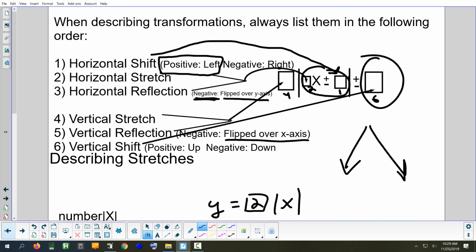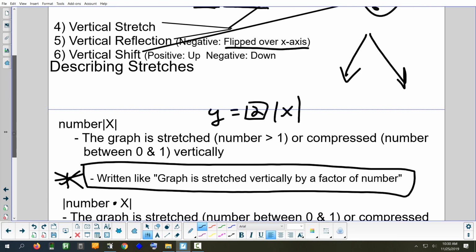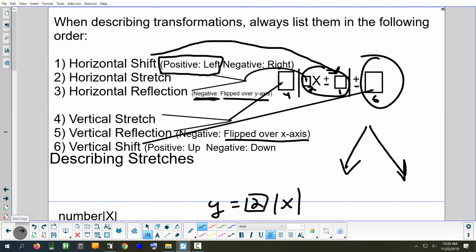What box is in front of the bars? That's the vertical stretch box, box 4. It says the graph is stretched vertically by a factor of, and now we just have to fill in the number.